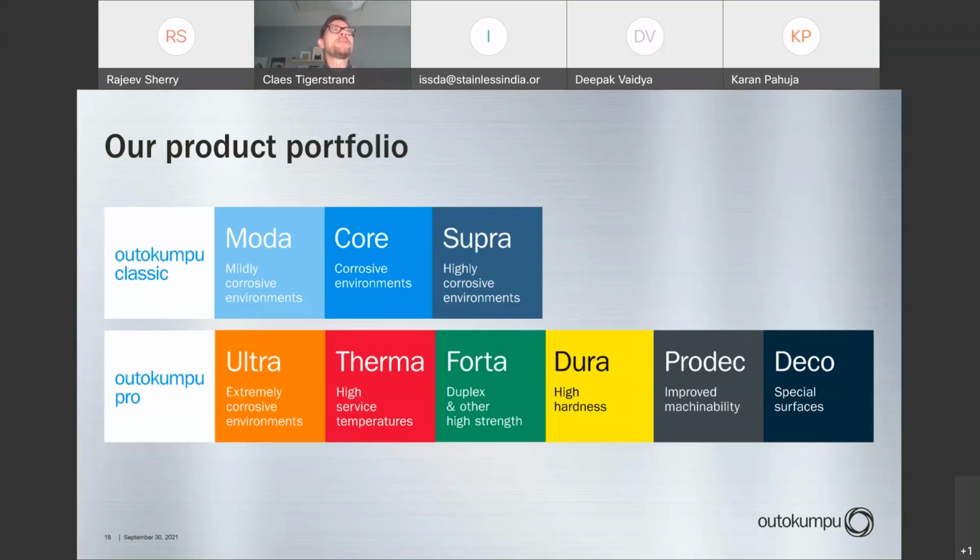portfolio to you. And here we have them divided into what we call the classic products and the pro products. Our classic products are divided into 3 different product ranges: Moda, Core, and Supra.